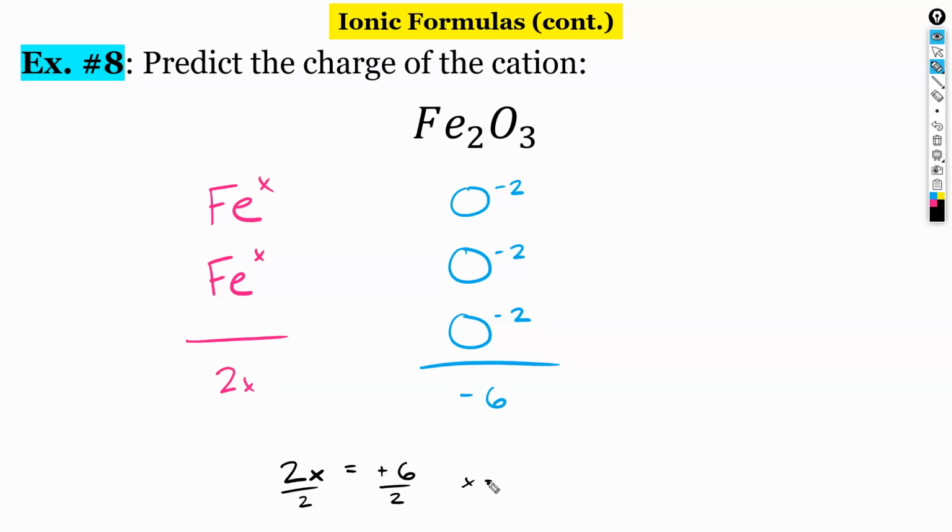So X equals 3. So the charge on each one of our irons needs to be +3. So the charge on our iron will be Fe +3.